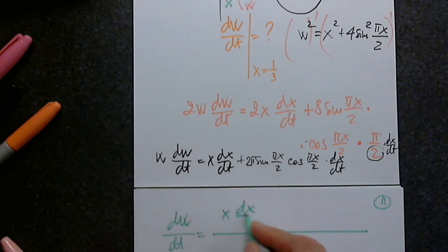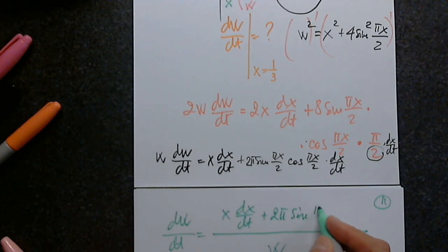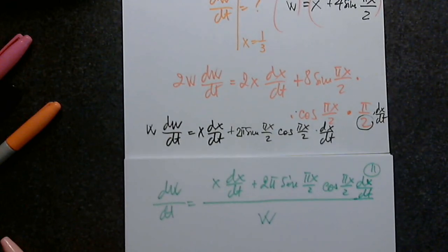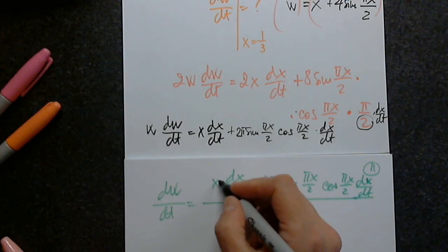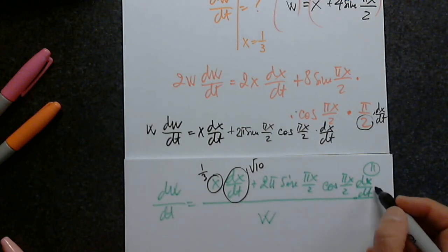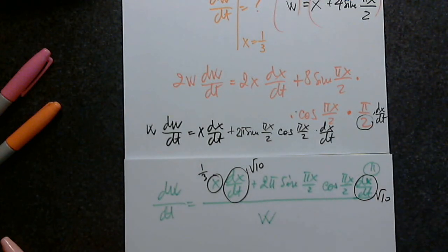So x dx over dt plus 2 pi sine pi x over 2 cosine pi x over 2 dx over dt. So let's see what we have and what we don't. X is 1/3. So this is 1/3, and this is the square root of 10. And this is the square root of 10.